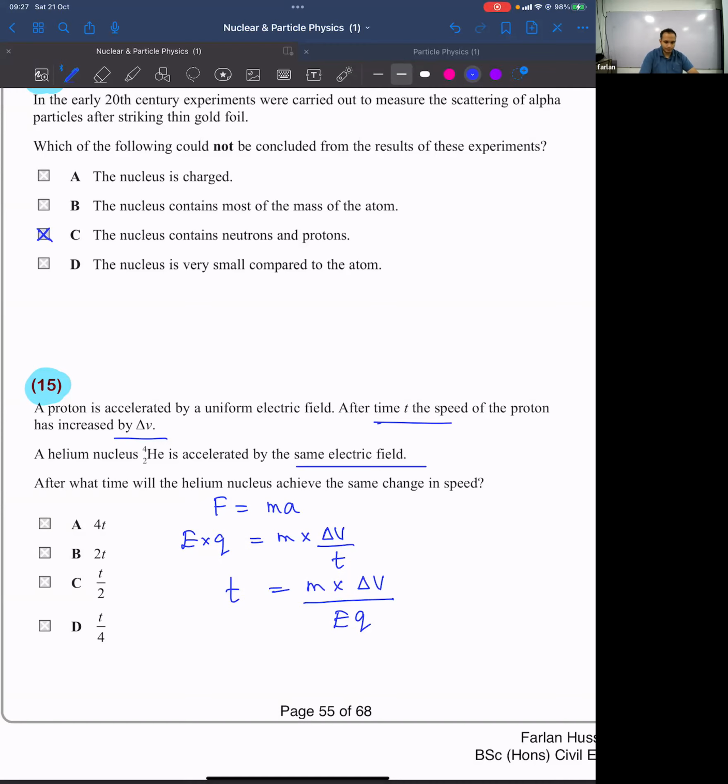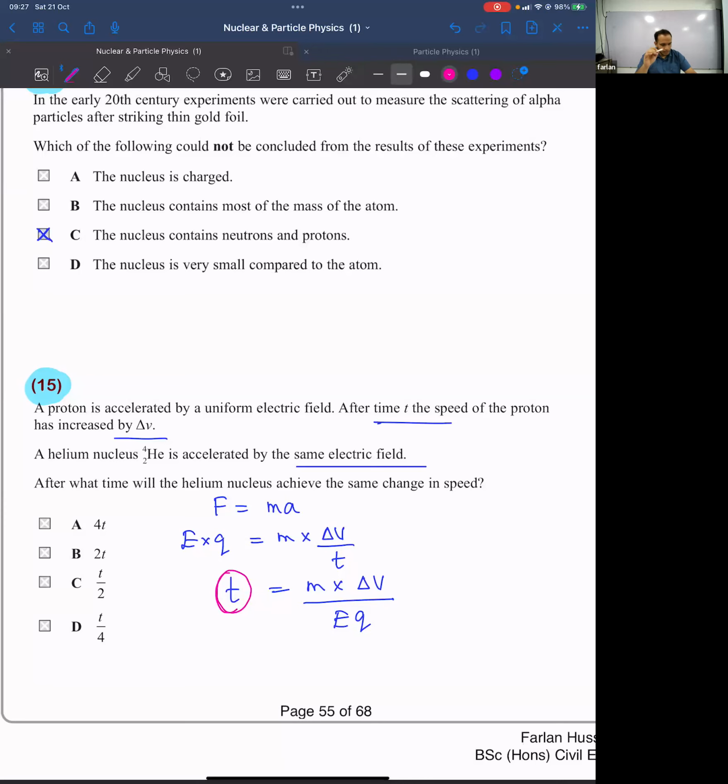Listen to me carefully. For a proton, the time taken is t. So the time taken depends on its mass, change in velocity, electric field strength, and the charge. Correct? So if we compare a proton and a helium nucleus: a proton is accelerated by a uniform electric field, and after time t, its speed has increased by delta v.